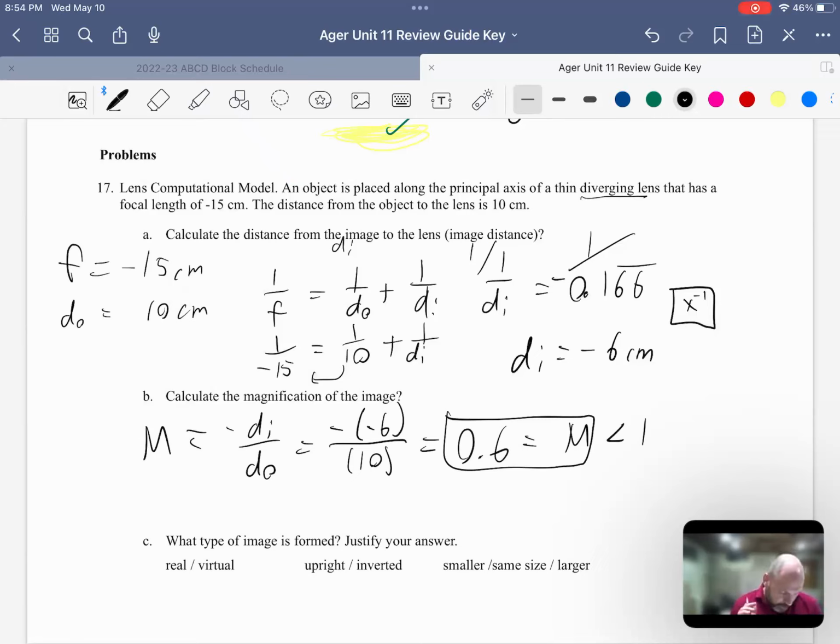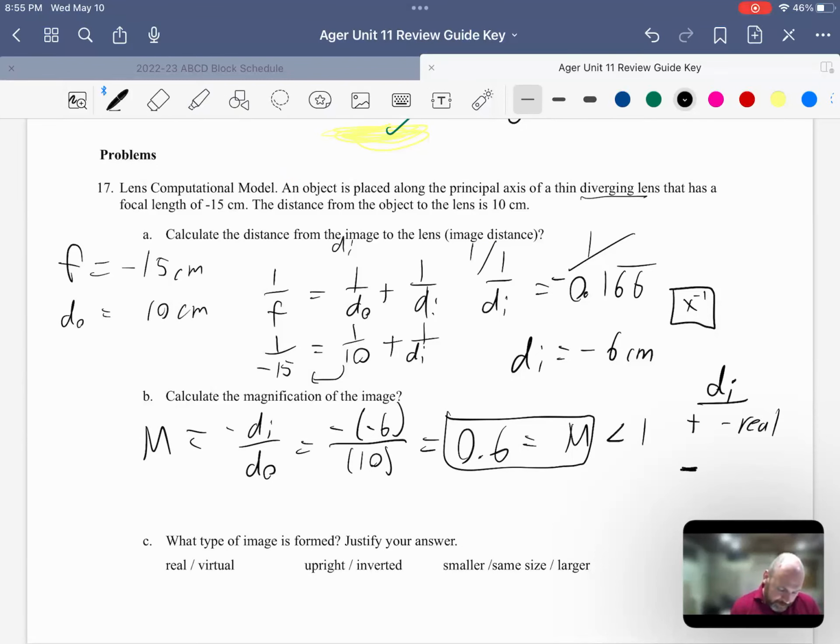All right. So this is where we get to what is the image type. Well, since we only know DI, let's just talk about that. Maybe we'll know the H's in the next one. If the distance to the image, DI, is positive, then I know it's a real image.